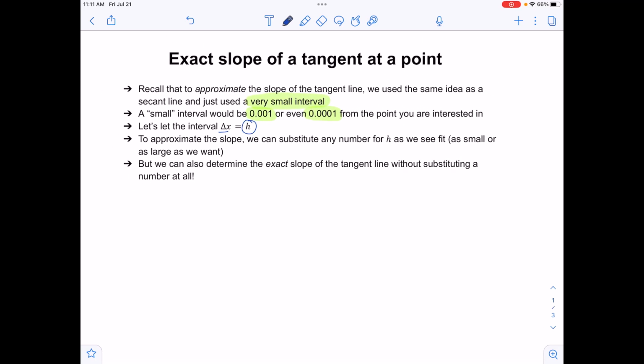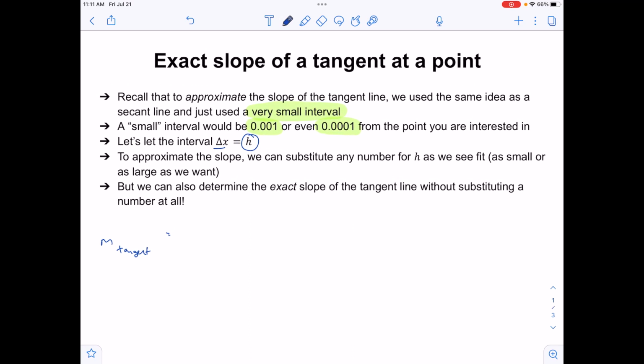So we're going to start and say, I'm looking to find the slope of my tangent line, m of my tangent. Recall that slope is delta y over delta x. And previously, you were given some kind of range between point A and point B. So the way that you found that is you said, well, what's my function at B?